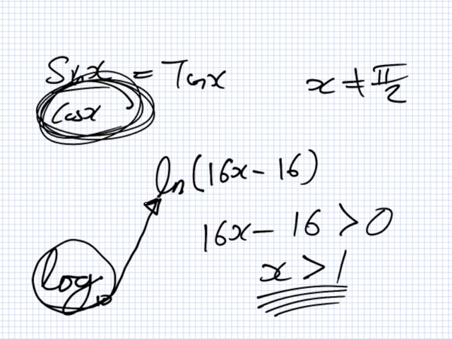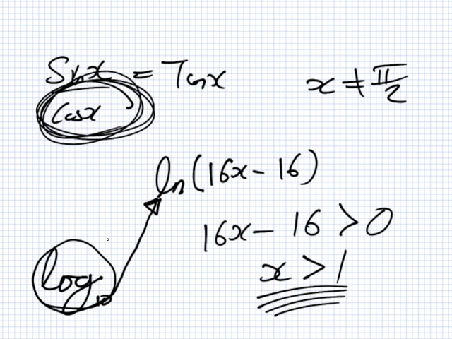So if I say log, I mean ln. There's no confusion in maths. This is not like chemistry, because in chemistry, when you say log, you always mean base 10. In maths, when you say log, you always mean base e, which is ln.